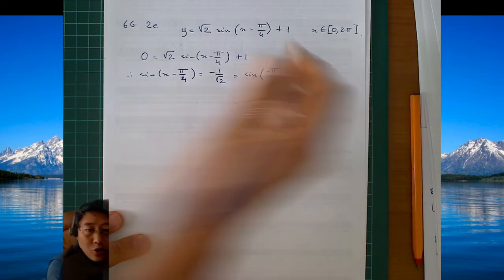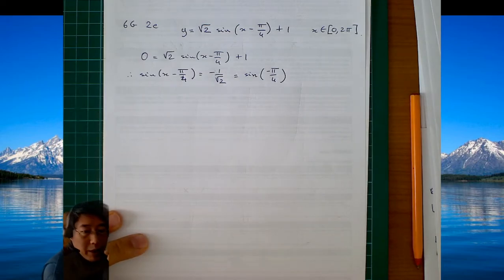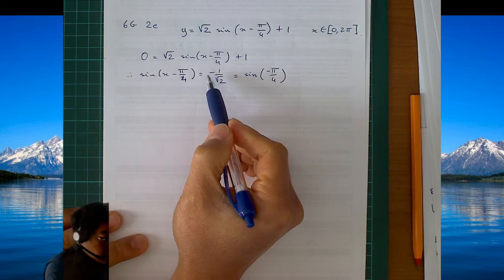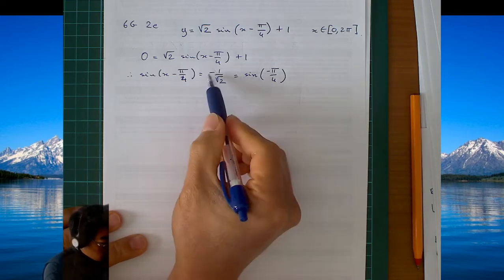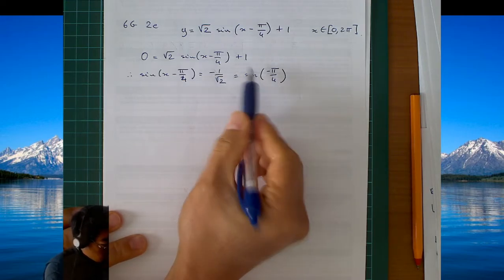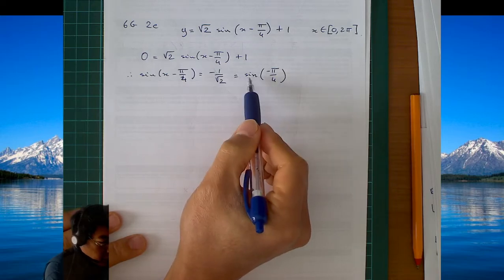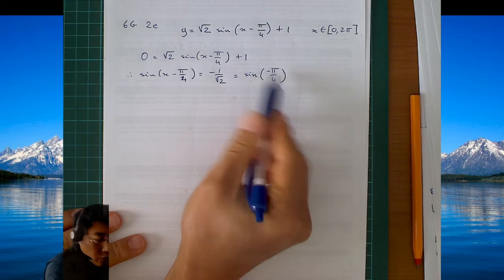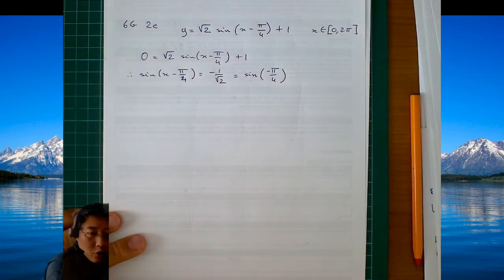Okay, so you need to know your exact values and bring it back to the first quadrant. So that negative means it's in the fourth quadrant. Or you have negative sine of pi on 4, you can bring the negative sign inside, because we want both sides to be assigned to find one value, and we're going to call it the value in the first quadrant.